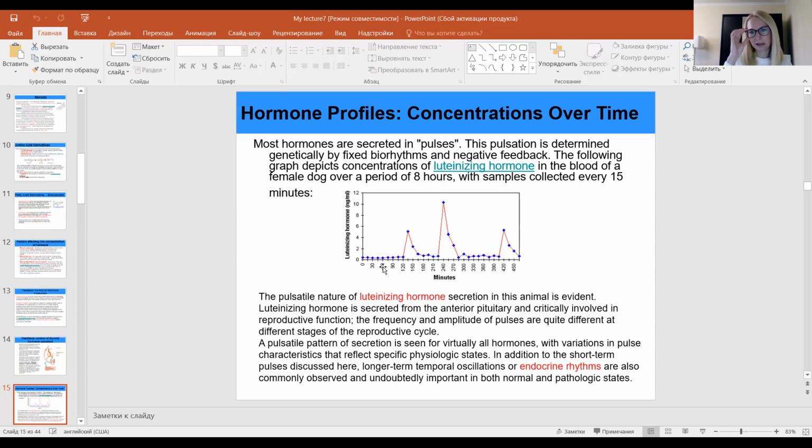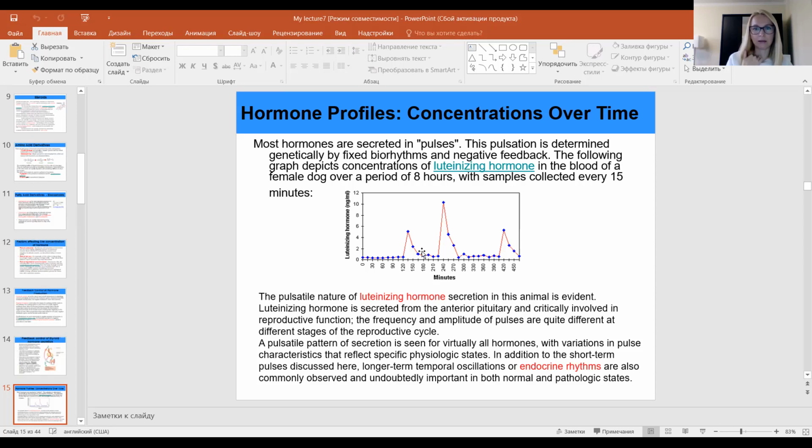So you see that the level of luteinizing hormone is not the same during these 8 hours, and such a way of synthesizing a hormone is called pulsatile nature.